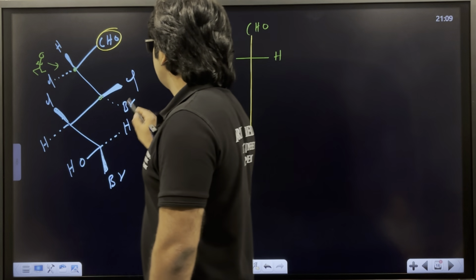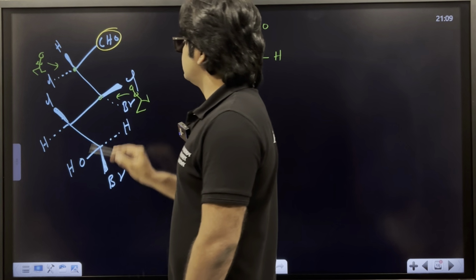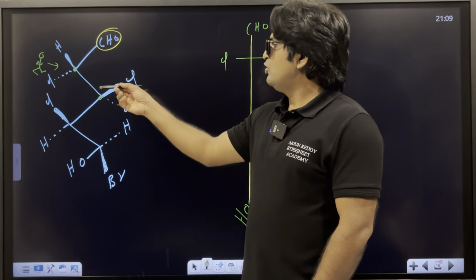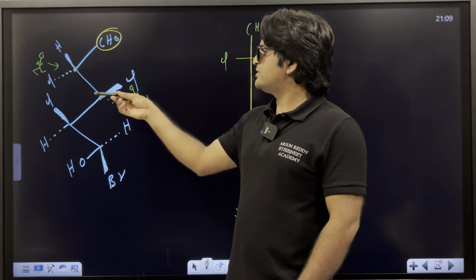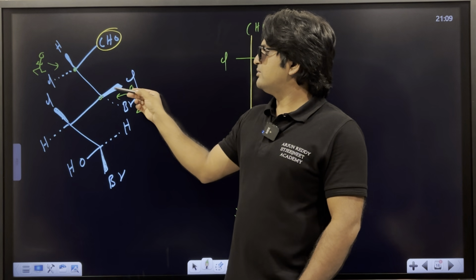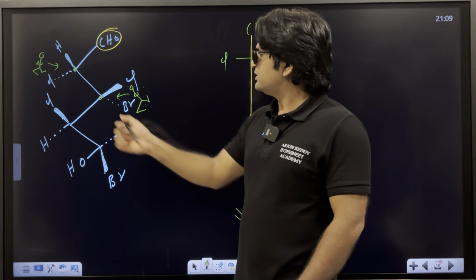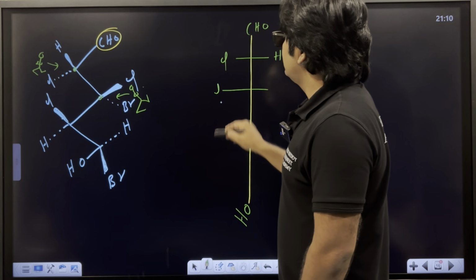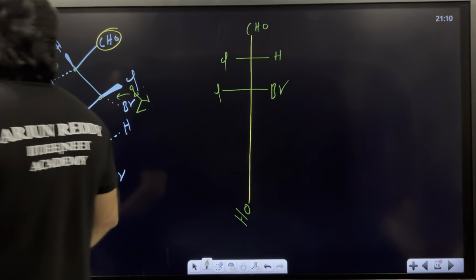Next come to this carbon atom, just stand in between these two. Okay. Chlorine front of plane or back of plane? Chlorine front side. According to this person, chlorine front side. That means left side or right side? Left side. Chlorine left side and bromine right side. And come to this carbon atom.